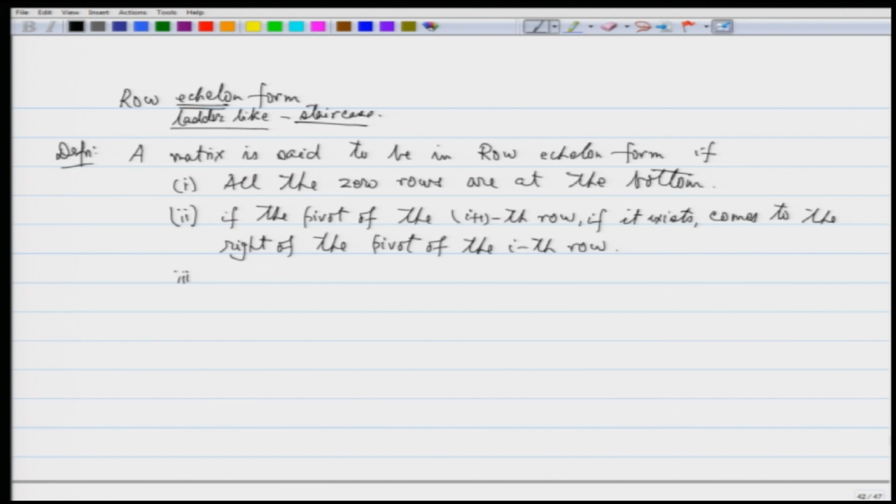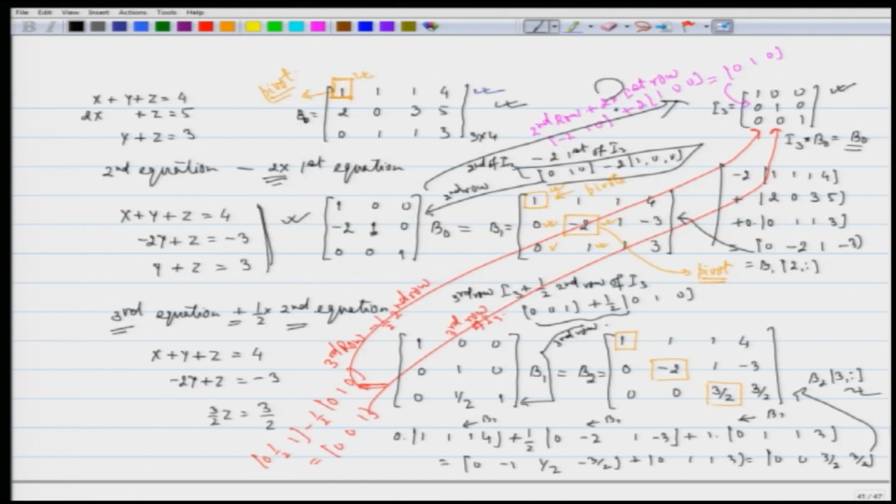3, once you have got the pivots, all right, in certain rows, every entry below that pivot, below the pivots, are 0. All right. So, let us go back to the previous example and see what we have.